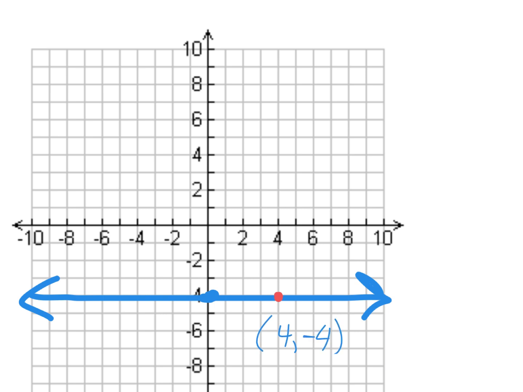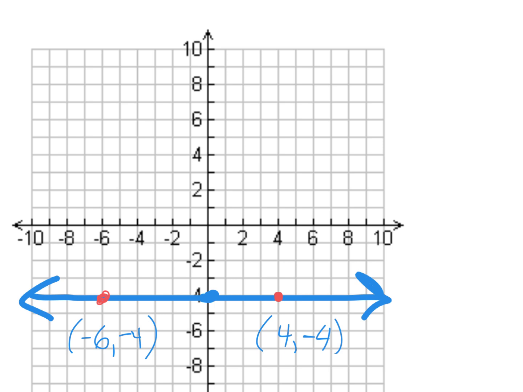Okay, I'm going to pick out another point. Let's go over here on the left side. What would this point be? Well, my x value is -6. So I know my ordered pair will start with -6, because that's the x value. And then I go down to -4 again. So my y value is again -4.